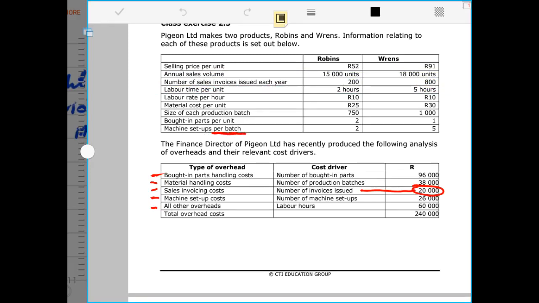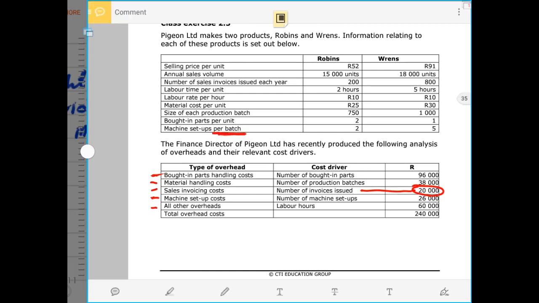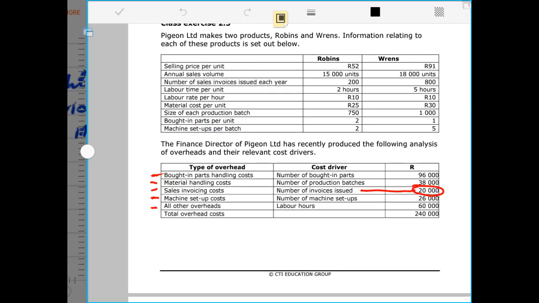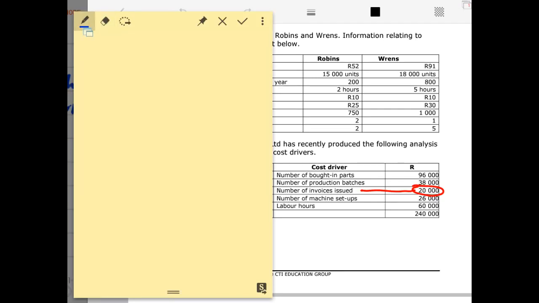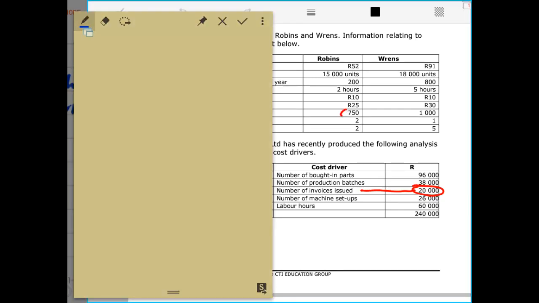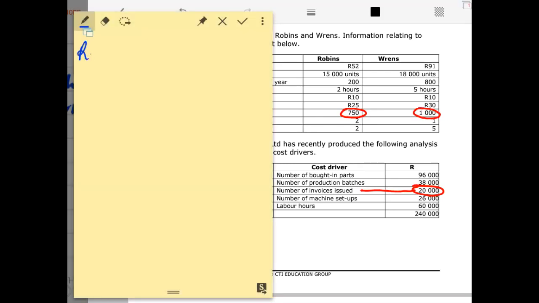It means we need to know the number of batches. And we said that for Ruben, one batch has 750 units, and for Ren, one batch has 1000 units. And we said in the case of Ruben, if we say 15,000 units divided by 750, that will give us 20 batches.